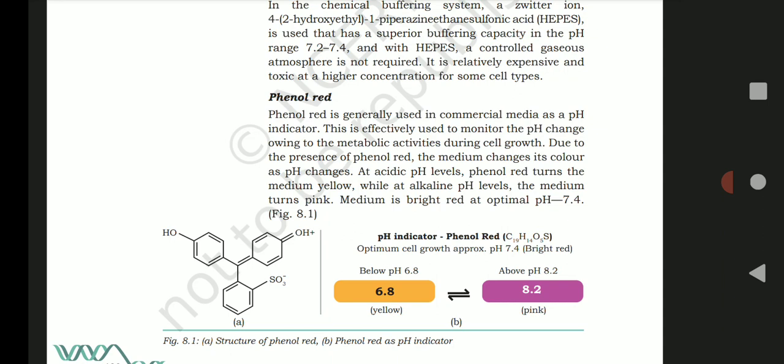When phenol red is present, the media changes its color as the pH changes. Normally below pH 6.8 it is yellow in color. When the pH increases to 8.2, it changes from yellow to pink. So by observing the color change, we can identify the changes in pH with the help of phenol red.